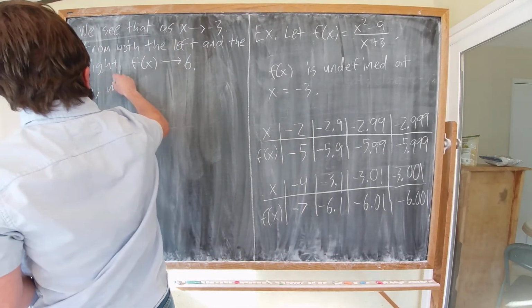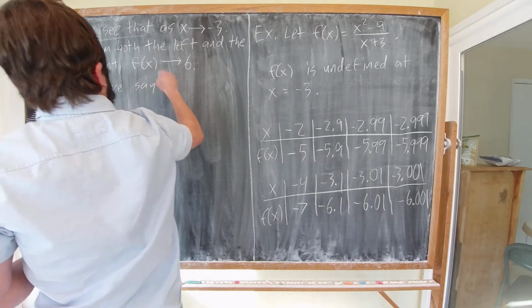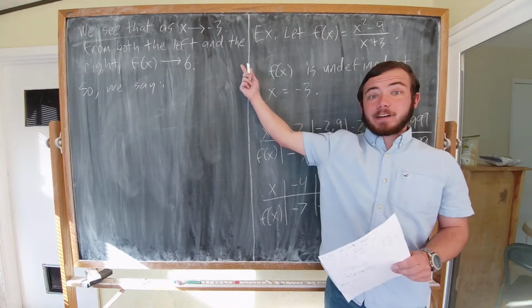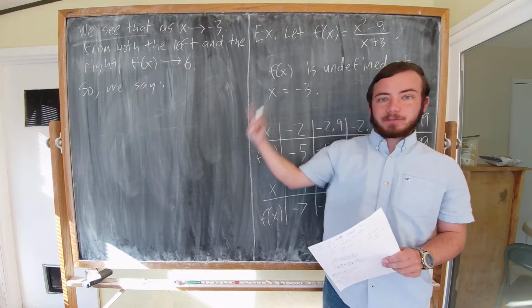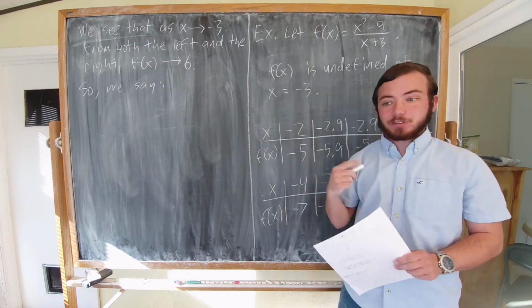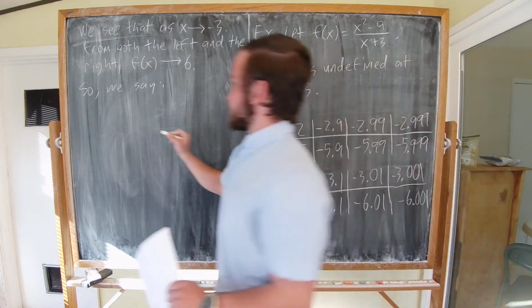So we say that the limit of f of x as x approaches negative 3 is 6.